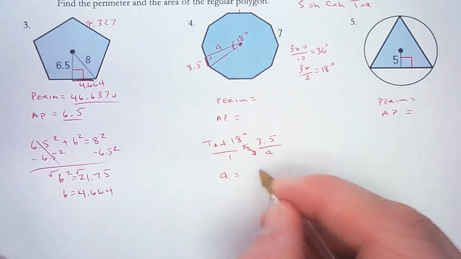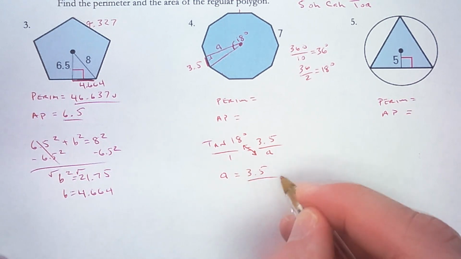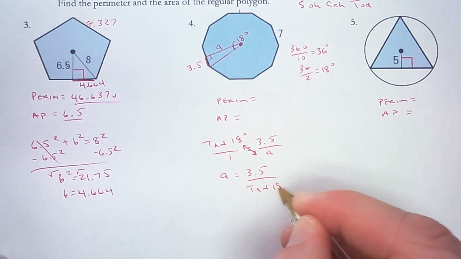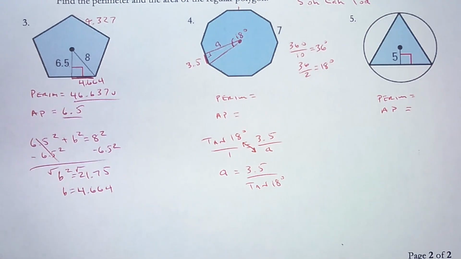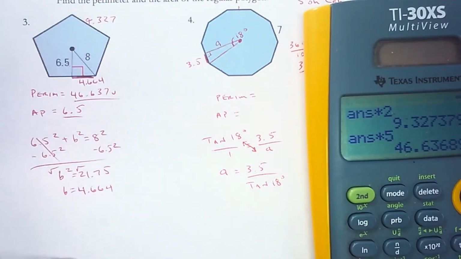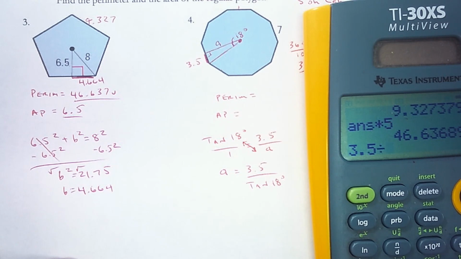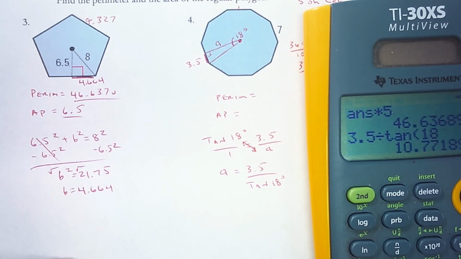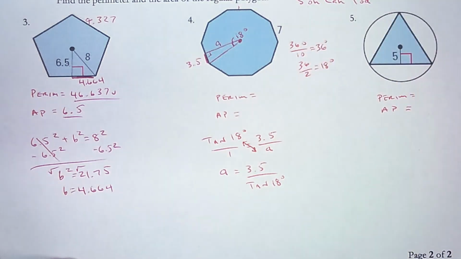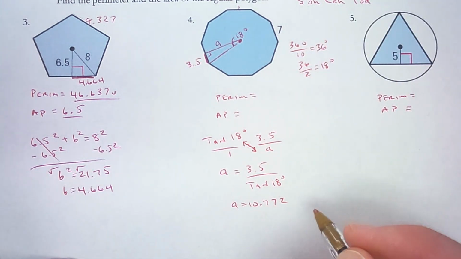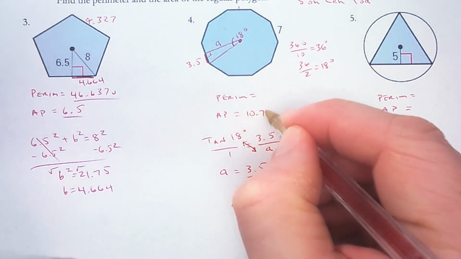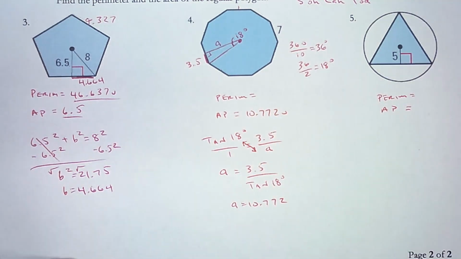So I have A over 1, or just A, equals 3.5 over tangent 18 degrees. Okay, so 3.5 divided by tangent 18 is 10.772. Okay, so the apothem is 10.772 units.